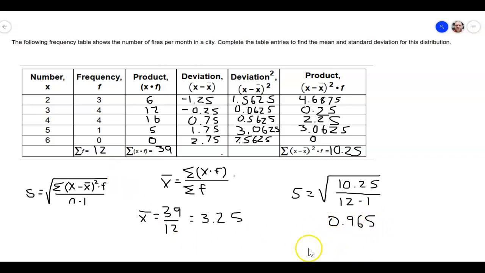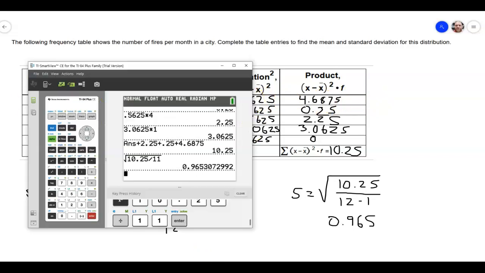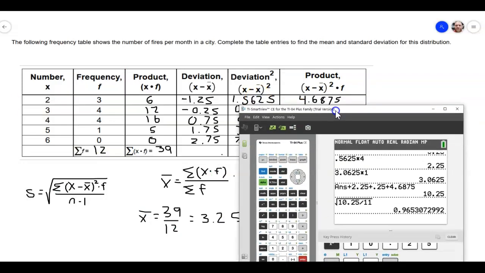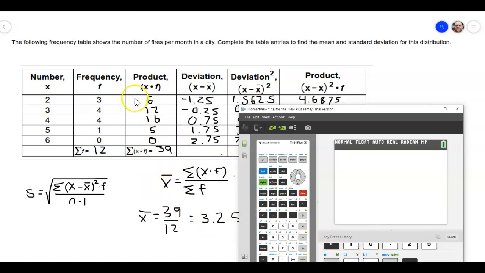All right, so this is the whole process. It's long. I think when you actually work the problem, it's going to have you do one row at a time. So let me just quickly show you how to do that. If you're to do one row, as long as you first get that mean, so the 3.25, let me clear this out. You would just multiply those two things together.